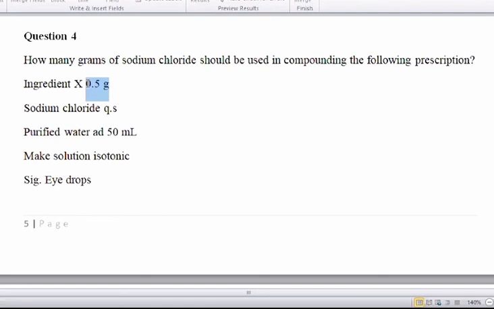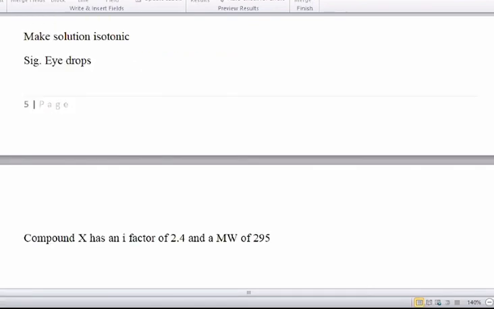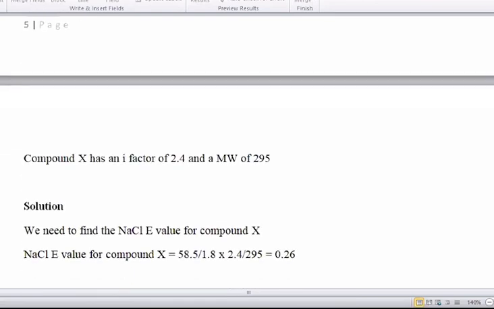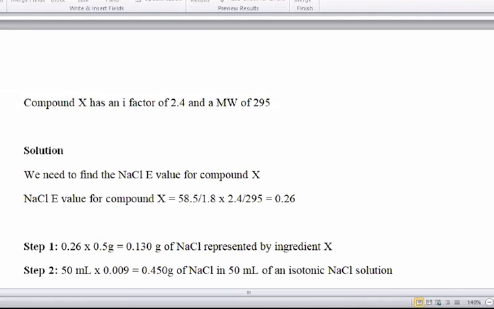Then you have found the quantity of sodium chloride represented by that compound. So we multiply the E value we calculated and the quantity in the formula. It's 0.130 grams.